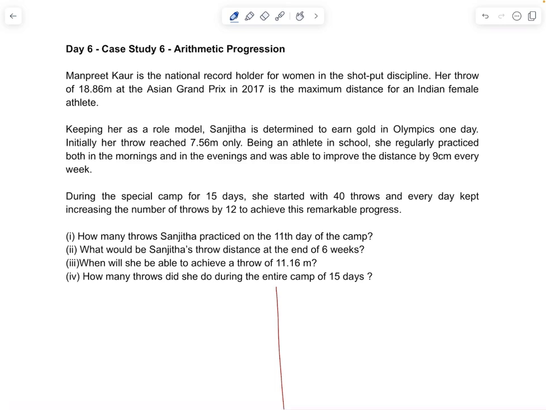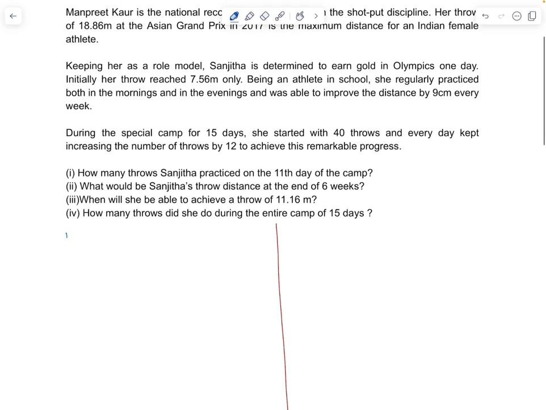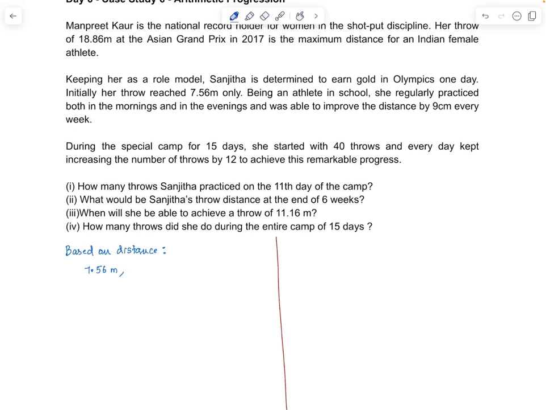In the passage, we could see two APs. One is based on the distance of throw and the other one is based on number of throws. Based on distance, the AP is 7.56 meter, which increased by 9 centimeter every week.